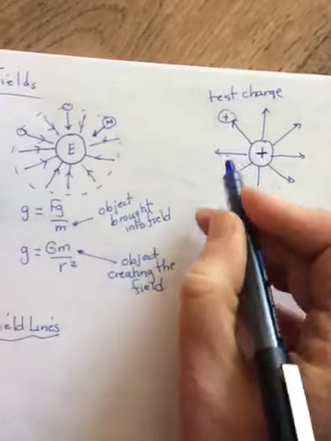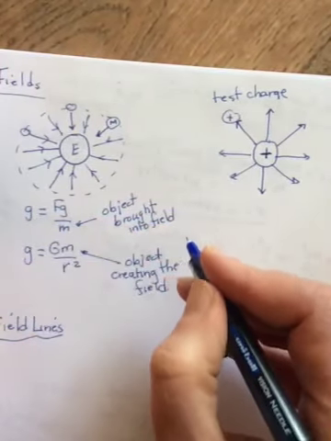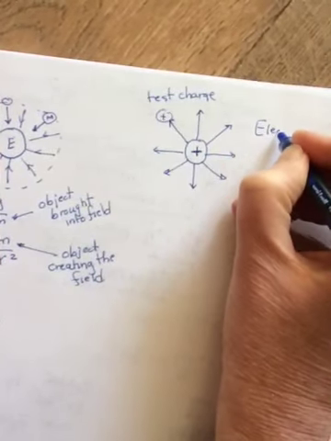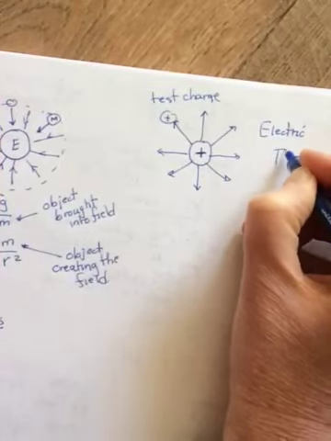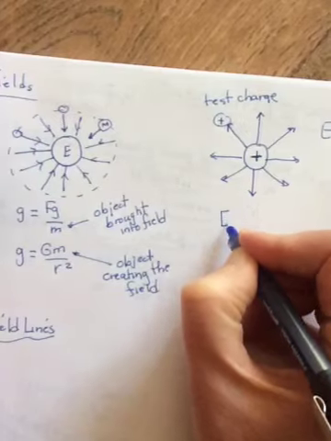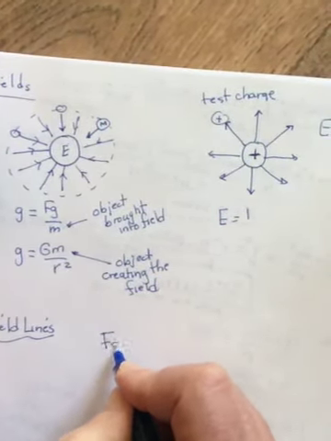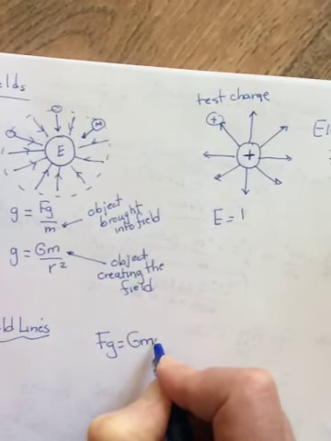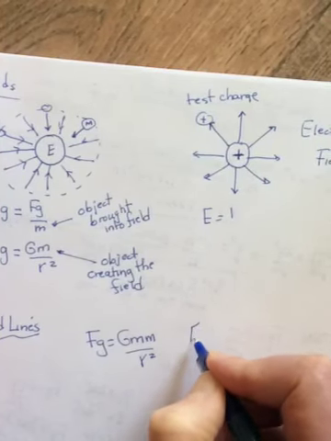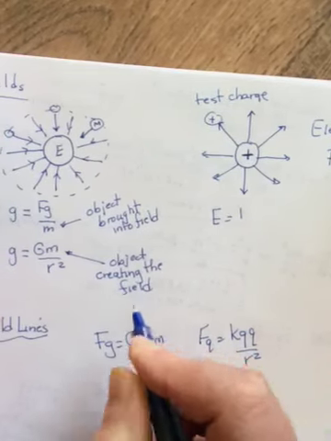All right, so we need an equation. The great news is the equation is going to look exactly the same as the gravitational ones. The letter for electric field is a capital E. If it's going to look exactly like this, remember we had Fg equal to GMM over R squared, and we have Fq equal to KQQ over R squared.